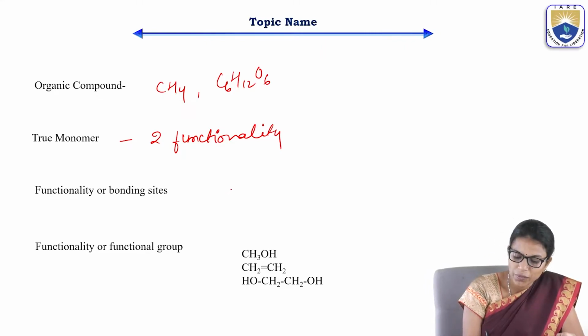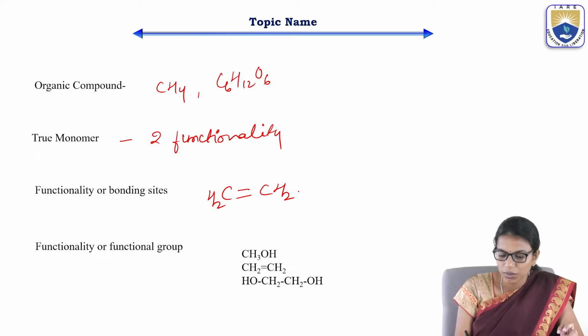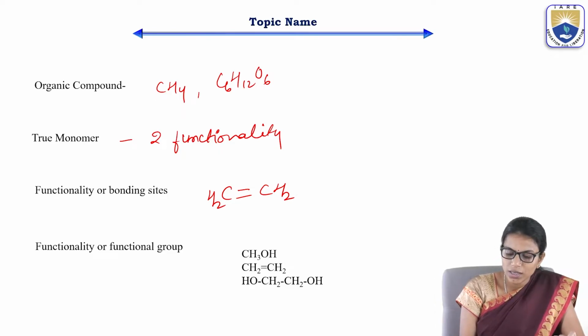For example, consider the CH2 ethene molecule. This is a compound which has two functionalities, meaning there are two bonding sites where other molecules can bind.